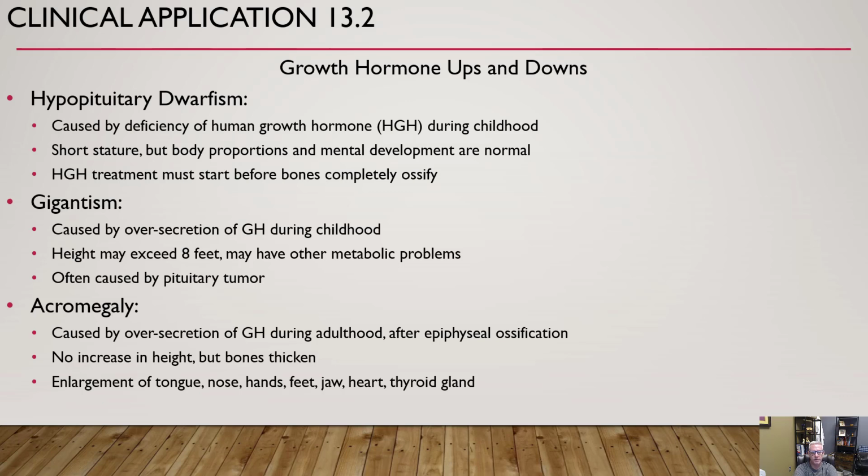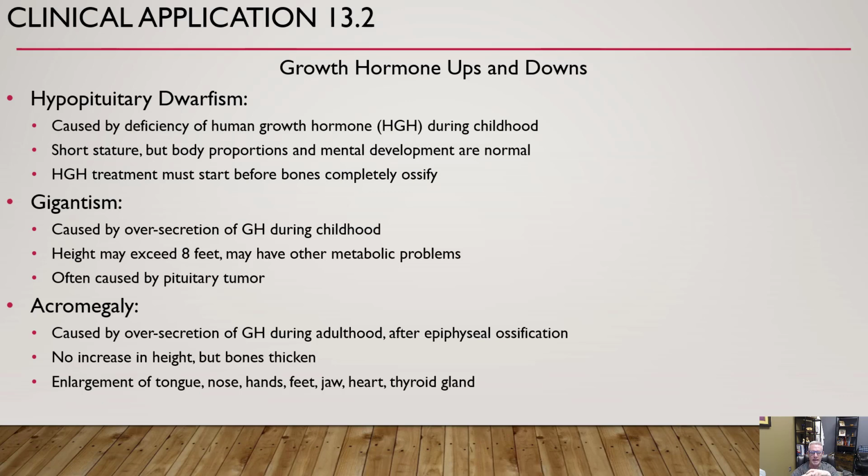Hypopituitary dwarfism is caused by a deficiency of human growth hormone during childhood. That's when pretty much everything is short. You are short-statured, but all of your limbs are still proportionally correct. So your arms are still proportional to your legs. It just looks like everything has been shrunk down. Your mental acuity is still there.